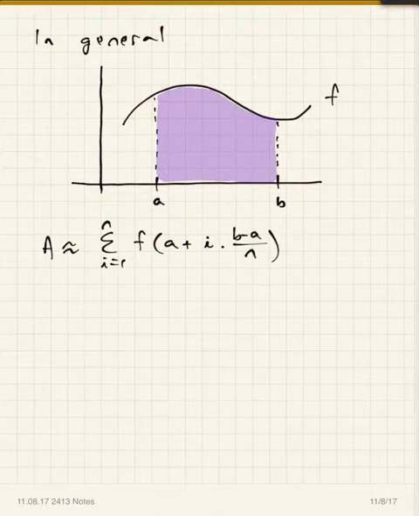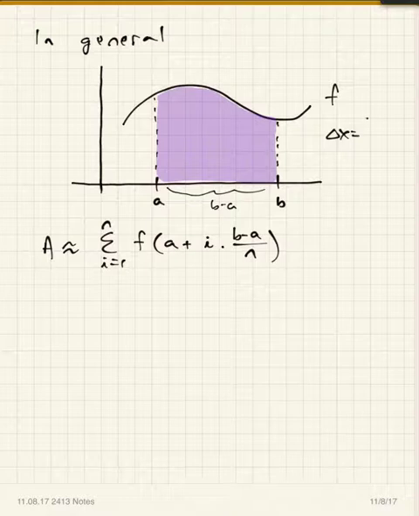And b minus a over n, notice that b minus a is the total interval, right? And that's our total width. That's b minus a right there. And what are we doing there? We're taking that and dividing it by the number of subintervals. And that's our delta x.